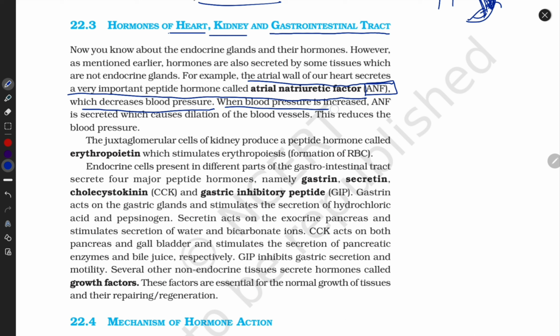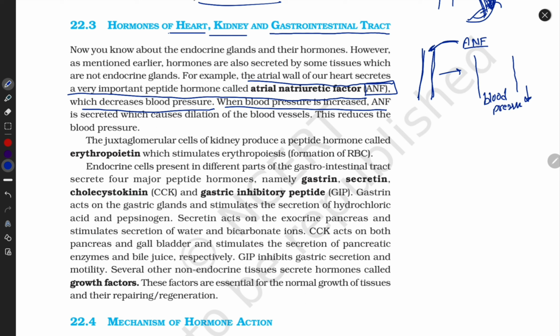Why? When blood pressure is increased, it means the blood vessels contract. At that time, ANF is released by the atrial wall of the heart. Then they increase the diameter of blood vessels, dilation of blood vessels. So they decrease blood pressure.